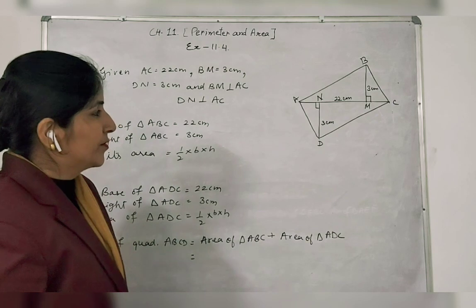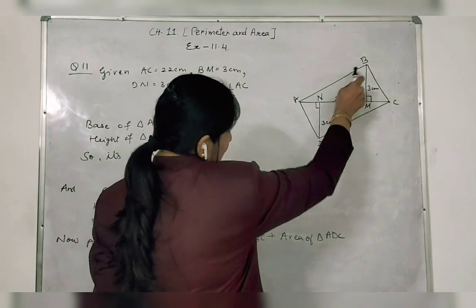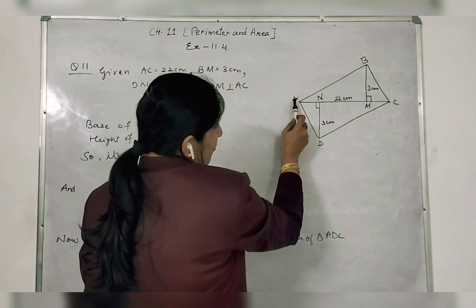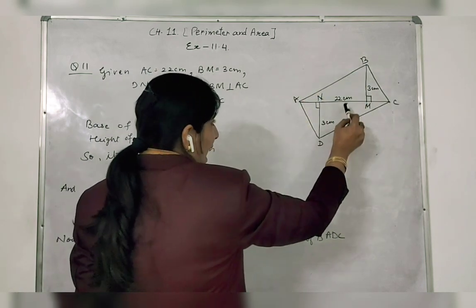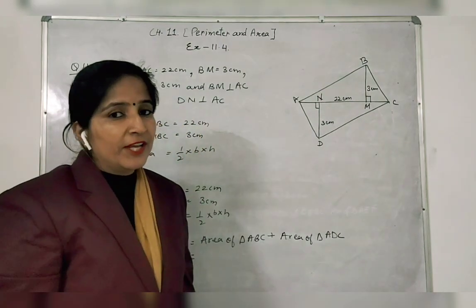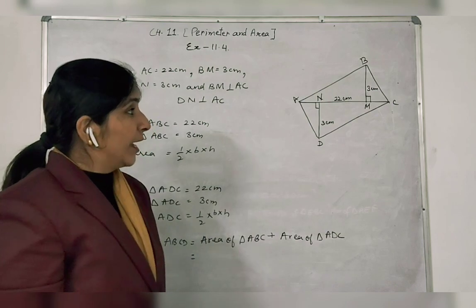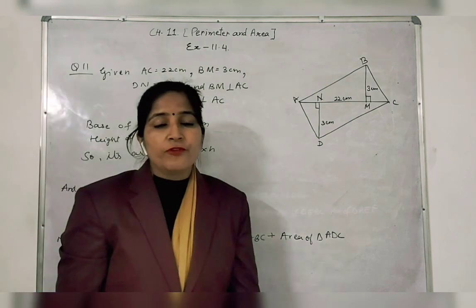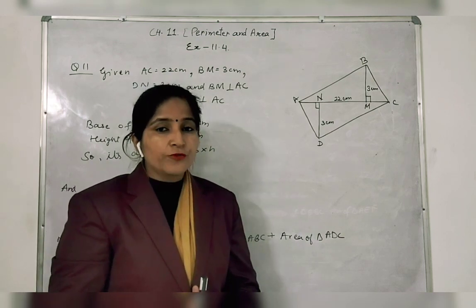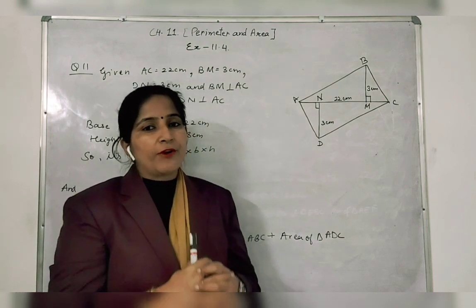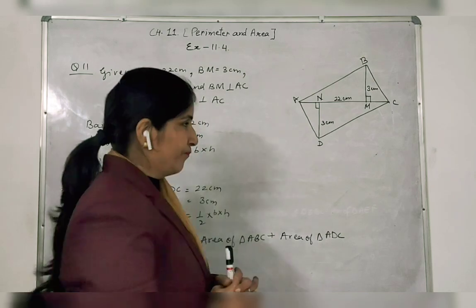Now you just observe that this quadrilateral is divided into 2 triangles. If we find the area of triangles ABC and ADC and add them, can we reach the area of this complete quadrilateral? So yes. To calculate the area of these triangles we should have the measurement of the base and the height, because the formula for the area of a triangle is half into base into height.